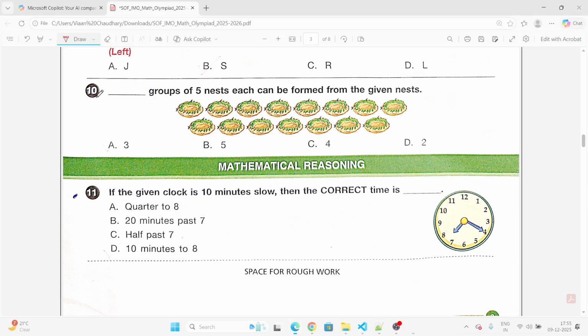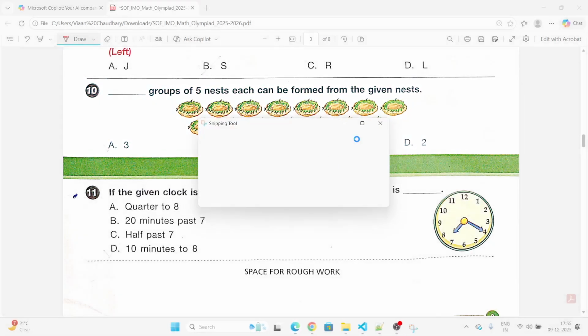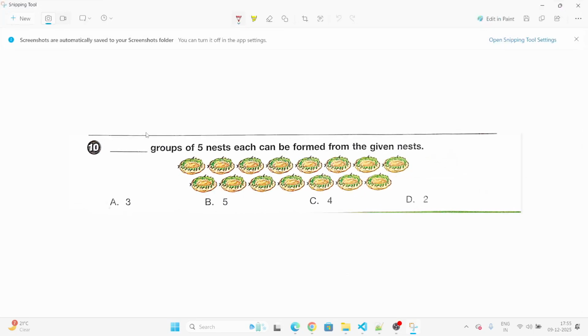Next question, question number 10. We need to do grouping here, and grouping should be simple only. We need to make groups of 5 nests that can be formed from the given nests.